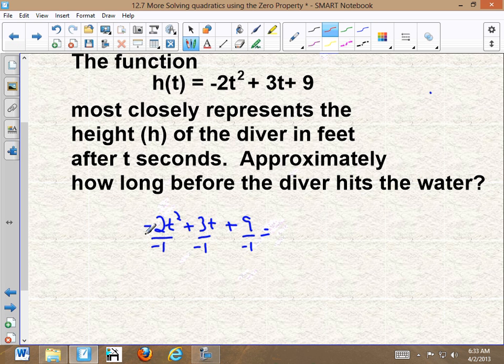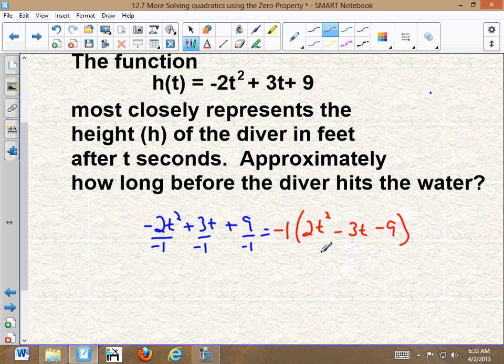So whenever you want to turn your leading coefficient positive, you just divide everything by negative 1. Negative over negative is a positive, so this gives me negative 1 times my negative 2t turns into a positive 2t squared because I divided it by negative 1, minus 3t minus 9.